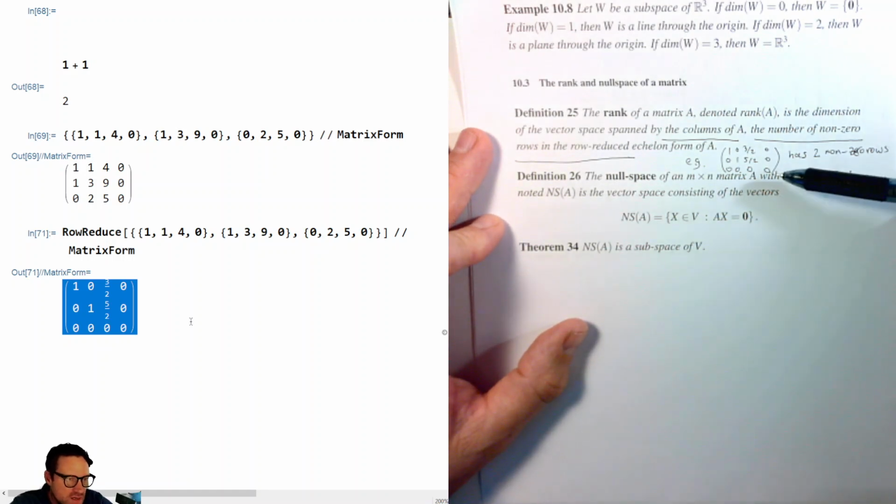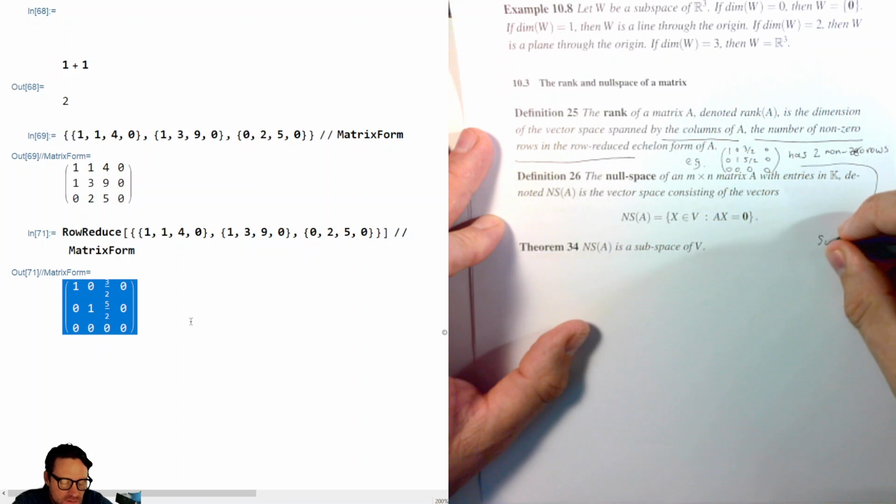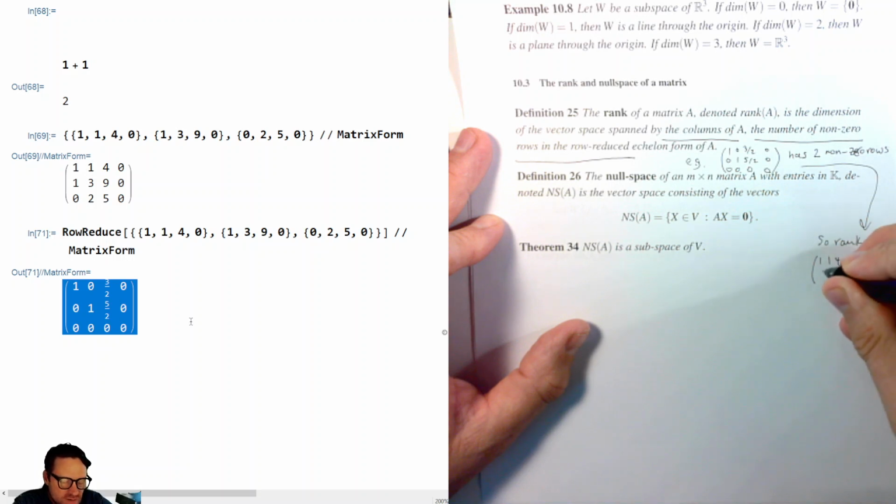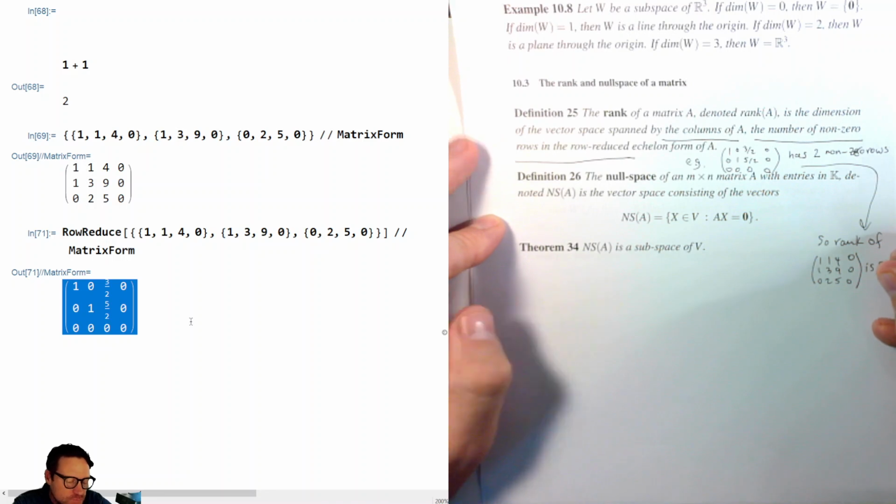So the rank of the matrix, let's come down here, so rank of the matrix 1, 1, 4, 0, 1, 3, 9, 0, 0, 2, 5, 0 is 2.